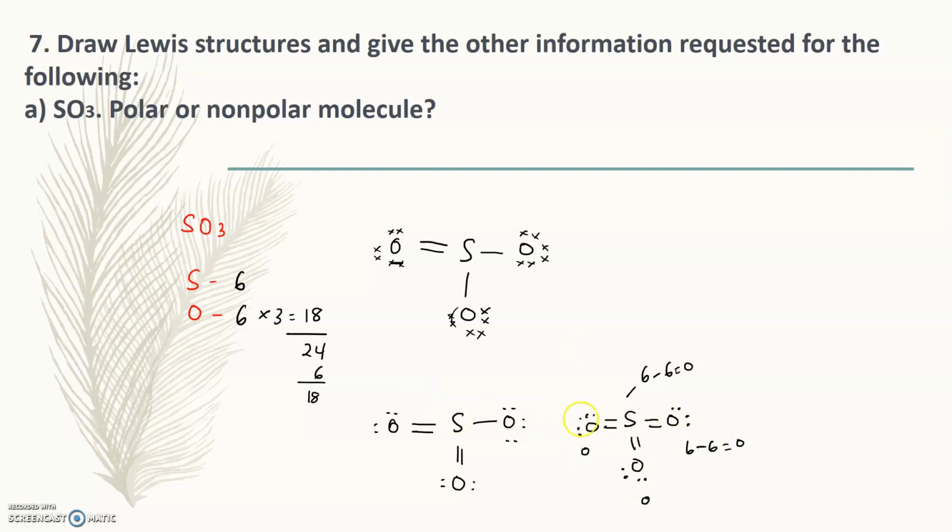Okay, if you look at this structure, 6 minus 1, 2, 3, 4, 5, so plus 1. This oxygen, 6 minus 1, 2, 3, 4, 5, 6, 7, negative 1. Here, 6 minus 1, 2, 3, 4, 5, 6.